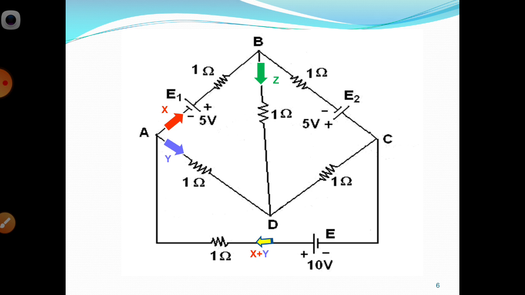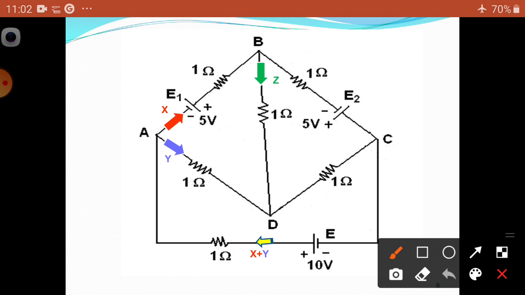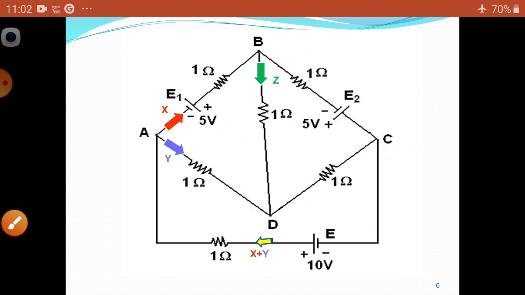At B, X is coming in and Z is leaving from the B node, and the Z current passes through the 1 ohm and meets at D. This is the D node. Here this current is entering, this current is entering, and this current is leaving.